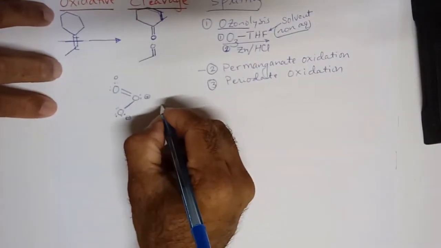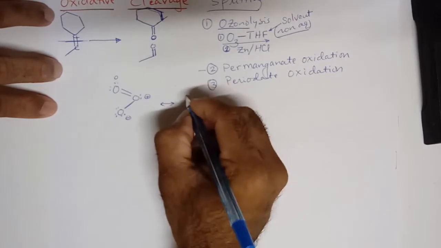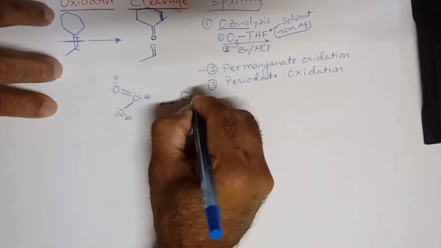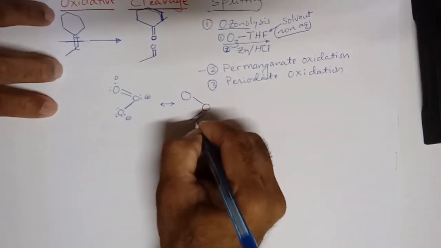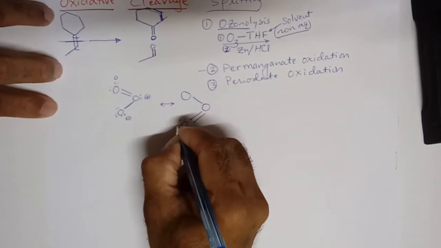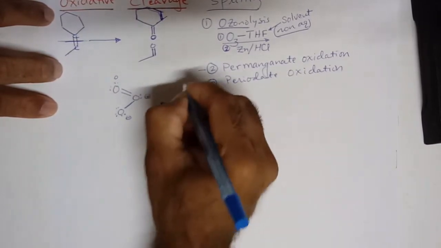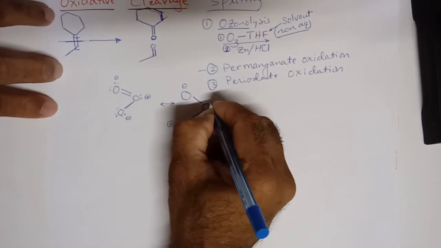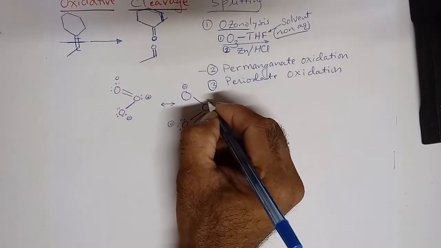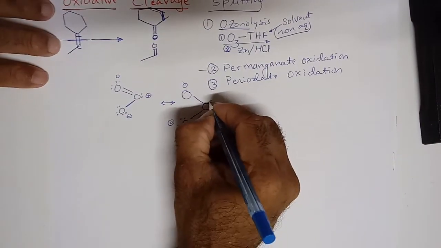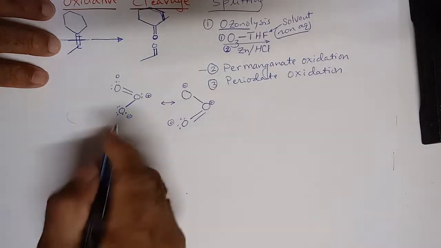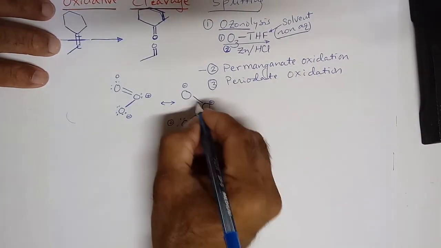And its resonance structure is where there is zero charge on this one, negative charge on this one, and positive charge on this one. If you look at both cases, the positive charge happens to be on the central atom.